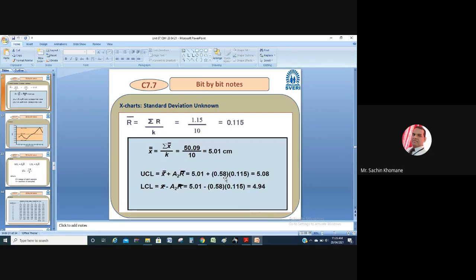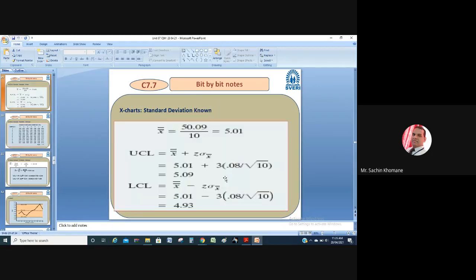Make the calculation: 5.01 plus 0.58 into 0.115. Quite easy. Just by judgment also you can make the addition. Yes, 5.08 something. And for LCL, it is 4.94.